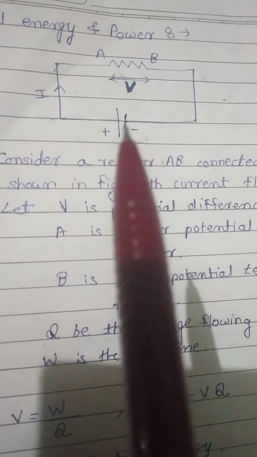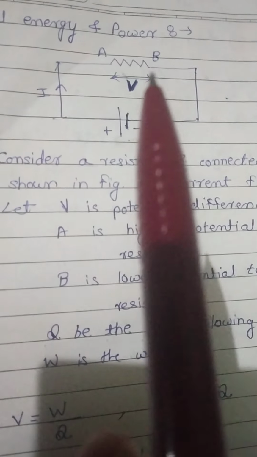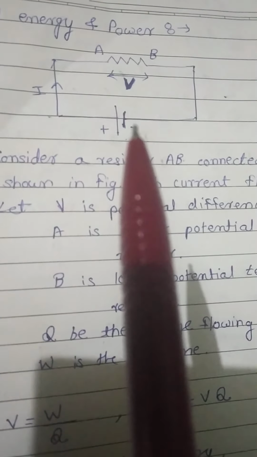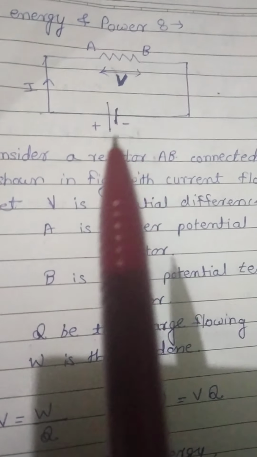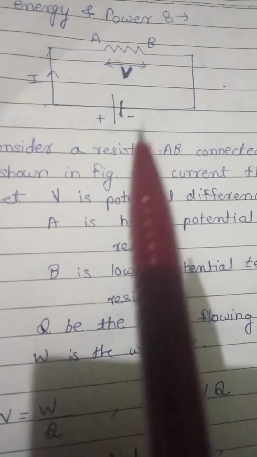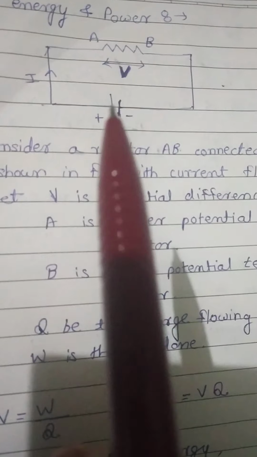Consider the resistor AB connected to a cell in a circuit as shown in the figure. This is also the symbol of the cell.